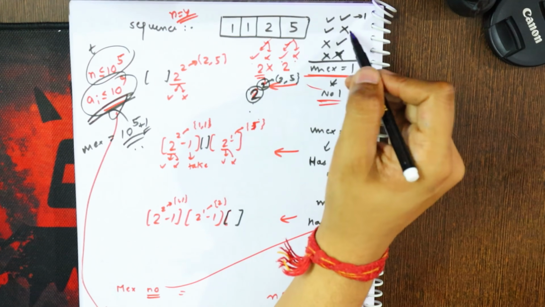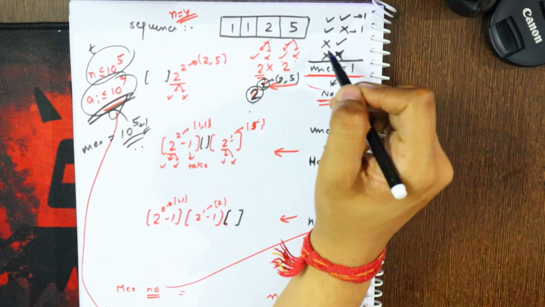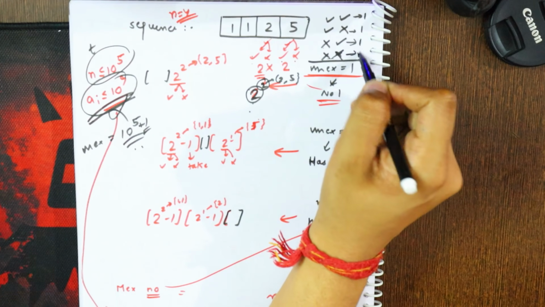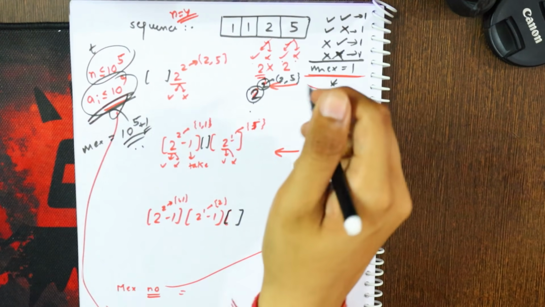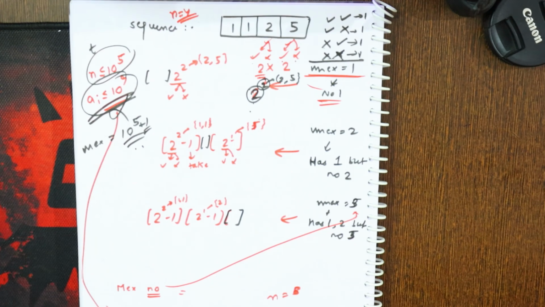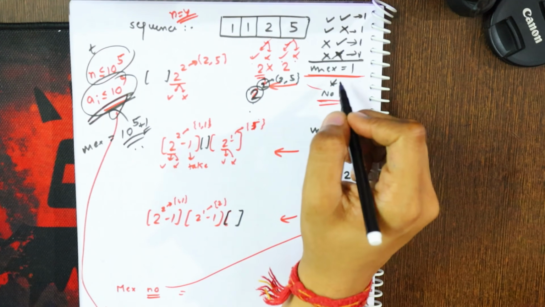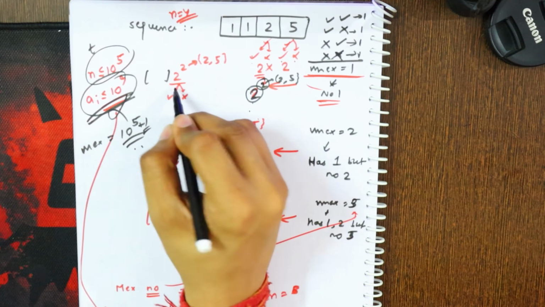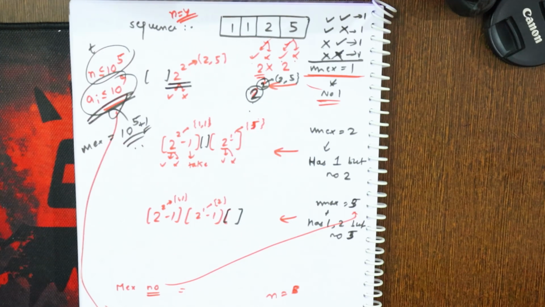When I have only 2, still 1. When I have only 5, still 1. When I do not have anything, still 1. Why? Because for the empty subsequence also we have seen that MEX will be 1. Yes, it is true. So for the case when MEX equals 1, the answer is 2 raised to power 2.